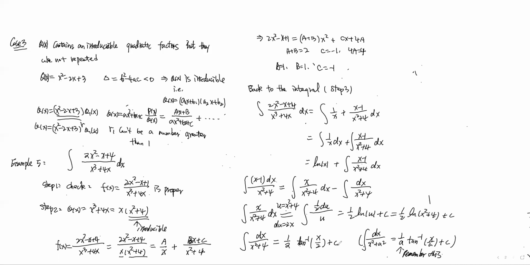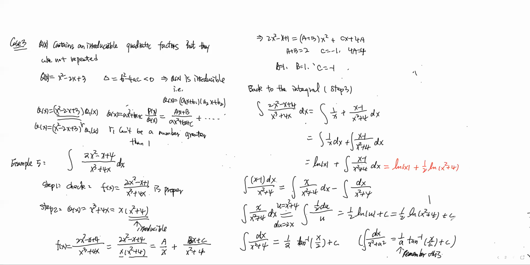So now we combine everything together. Let's change the color here. We combine everything: this is ln|x|, plus half ln(x squared plus 4), plus half the inverse tangent of x over 2, plus c.